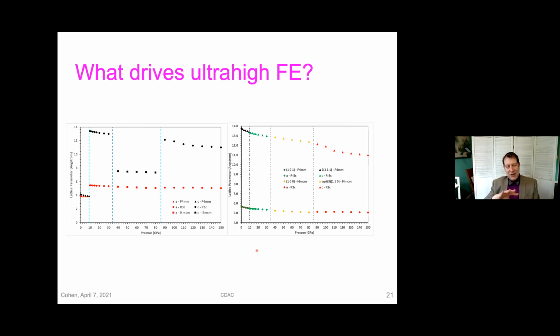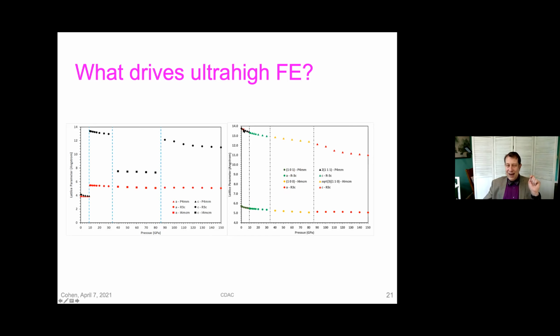If we think back to the original structure of perovskite, these are all perovskites. And so instead of looking at the tetragonal C and A here, we can compare the 101 in the tetragonal case with the equivalent in the other structures.